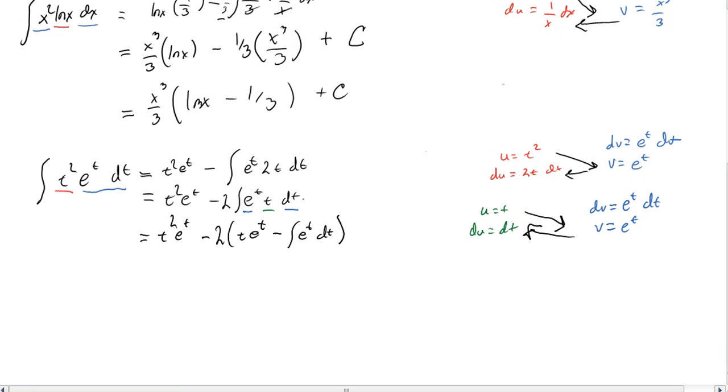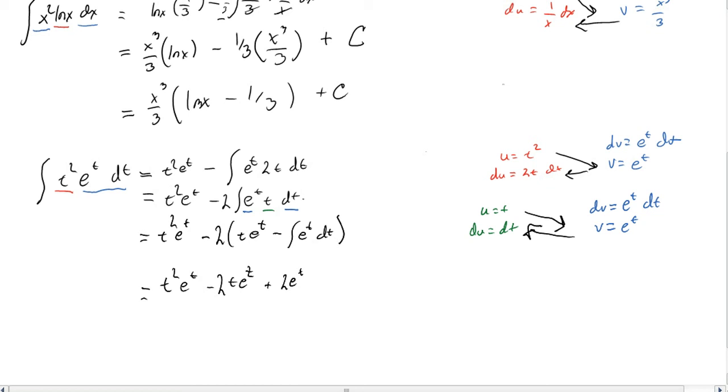And we continue, and we get t squared e to the t minus 2t e to the t plus 2e to the t, because the integral of e to the t is e to the t.